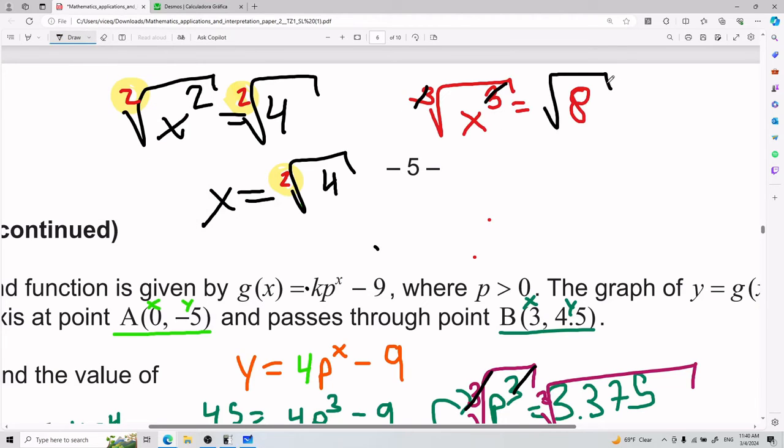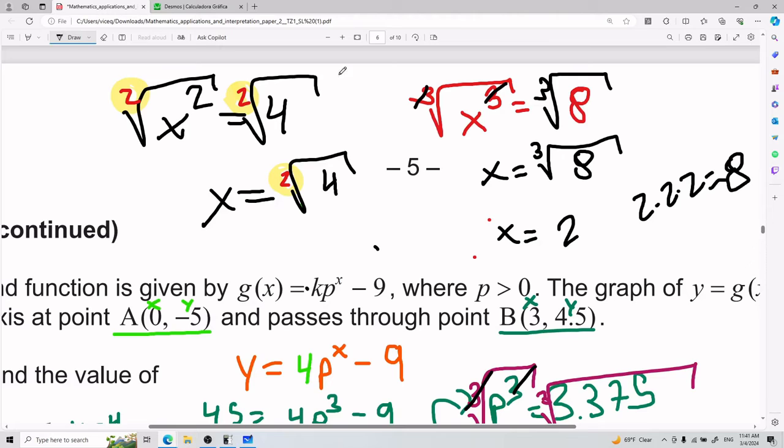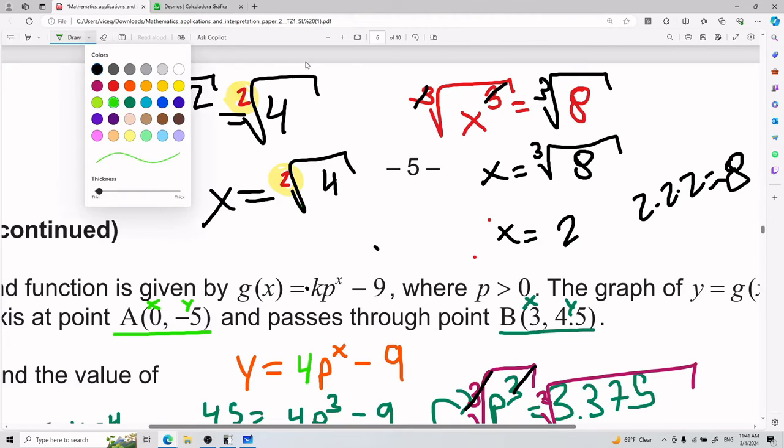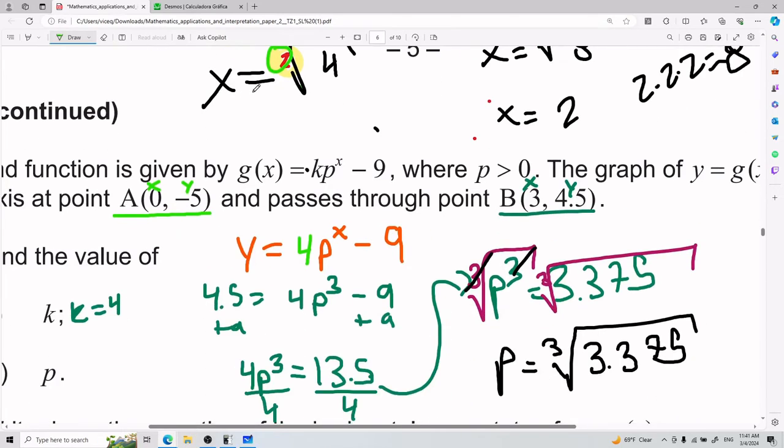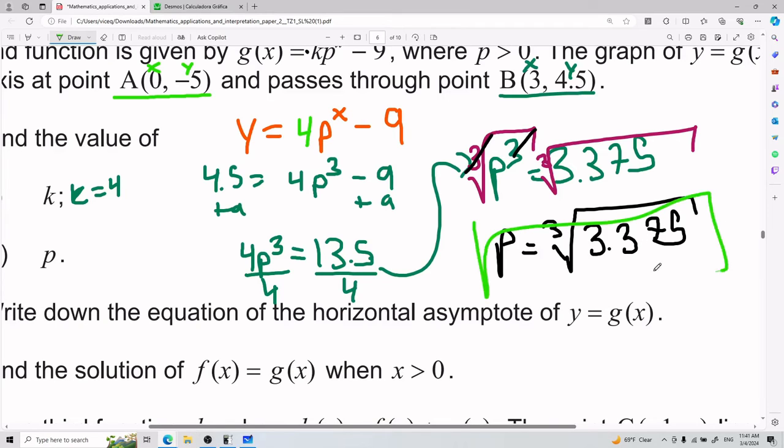What I'm asking it now is what value multiplied by itself 3 times gives me 8, which as we know is going to be 2, because 2 times 2 times 2 gives me 8. It's just intuition that this little number is how many times you multiply it by itself, see? And so the default, which is why you don't write it, is 2. So here it's not the default, it's 3.